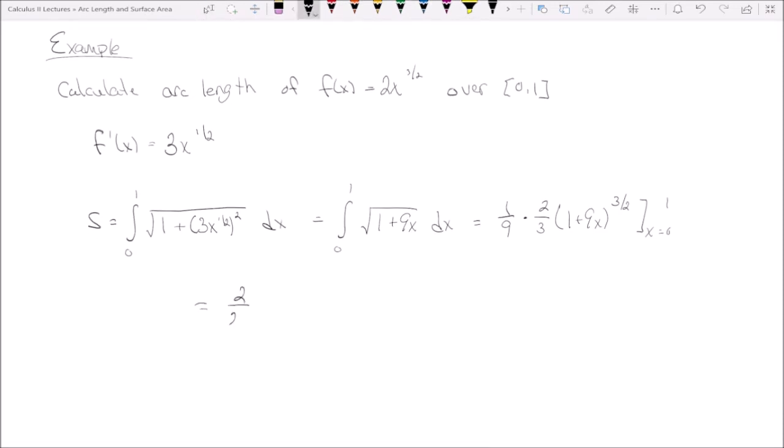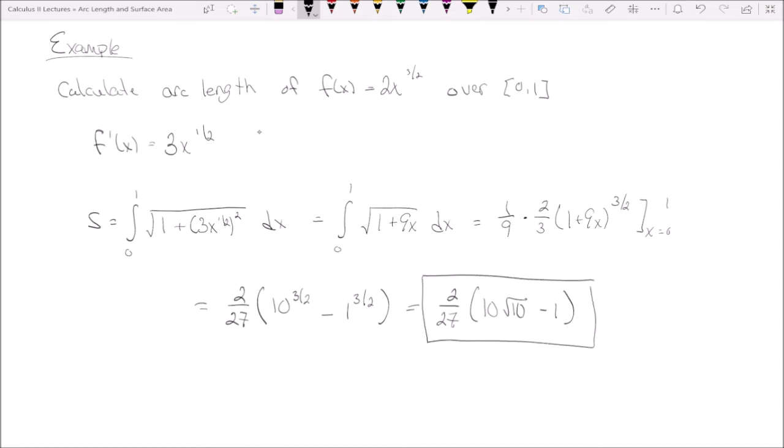So that's 2 over 27 times 10 to the 3 halves, minus, now when x is 0, we get 1 to the 3 halves. So that's 2 over 27 times the quantity 10 root 10 minus 1, and that is our arc length.